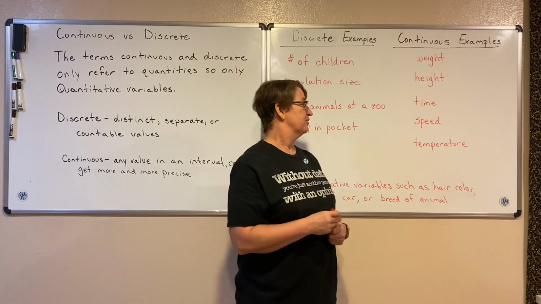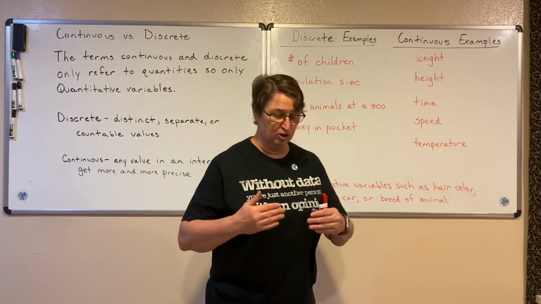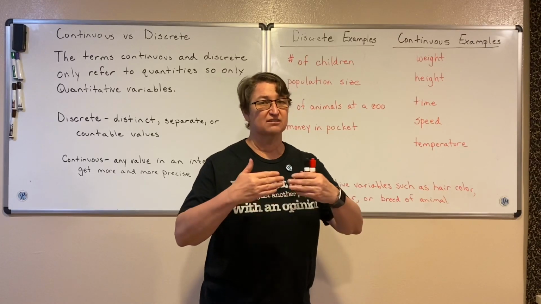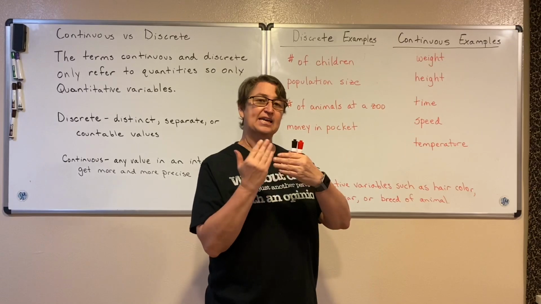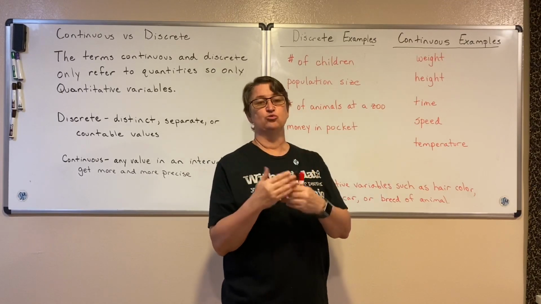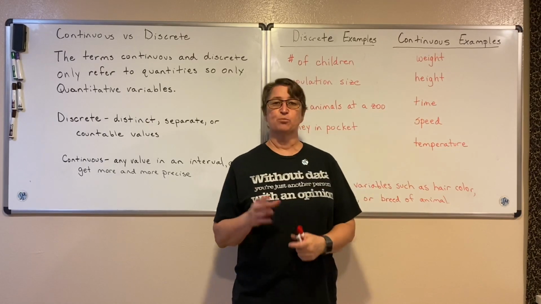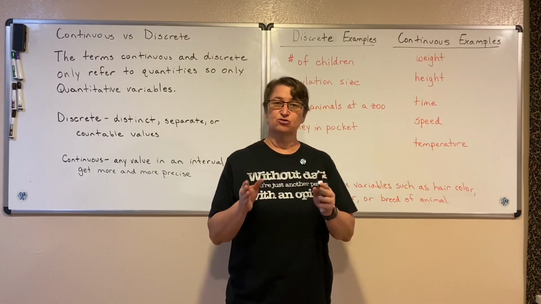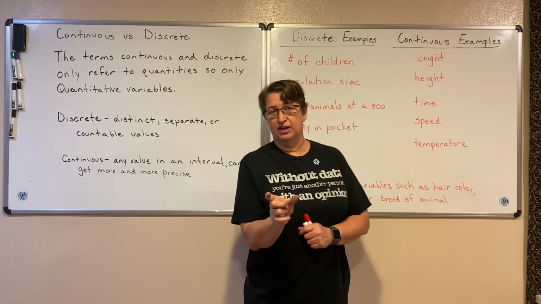Or like with the time, as I'm looking to see, it looks like they crossed the finish line at exactly the same time, but if I measure it more and more precisely, I can get in between 2 times. So these things can be measured with more and more precision, or the data I'm collecting can be collected on an interval.